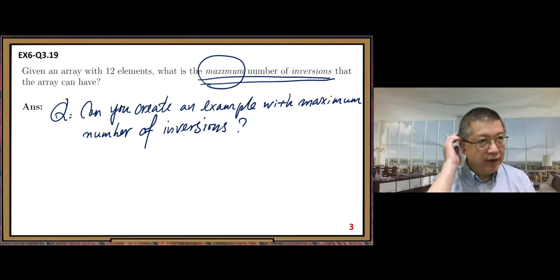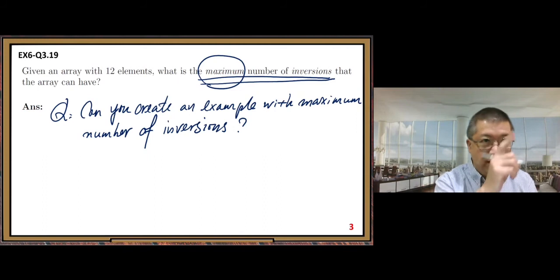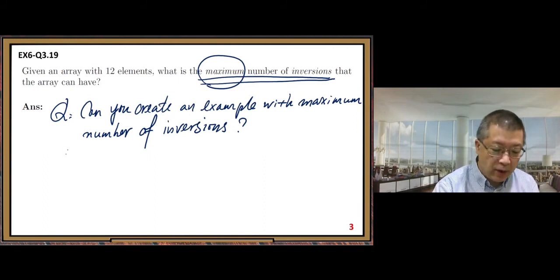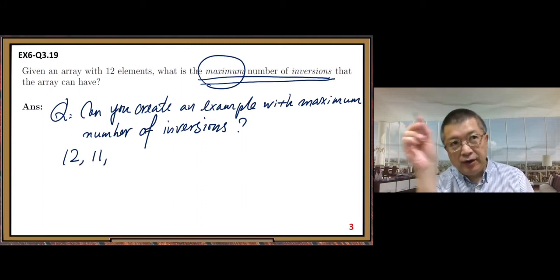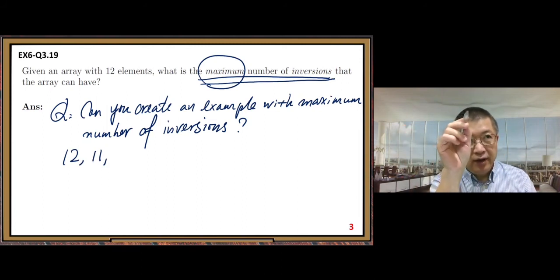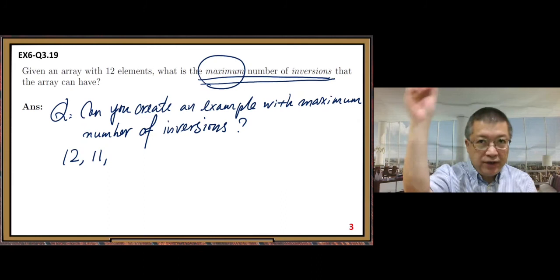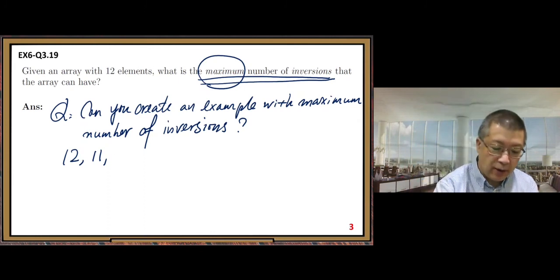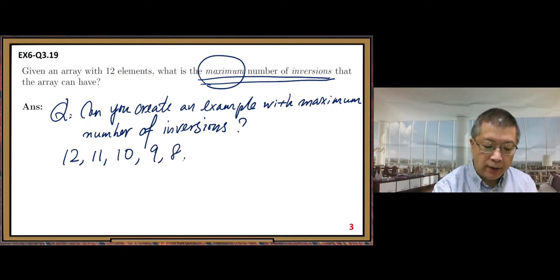So with that in our mind, let me write one example. 12, 11 in descending order, okay? Decreasing order, not increasing, ascending order. 10, 9, 8, 7, 6, 5, 4, 3, 2, 1.